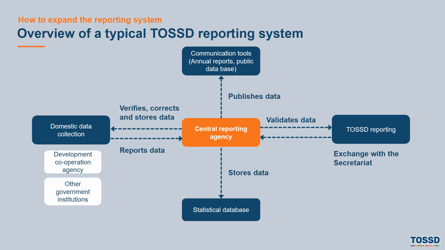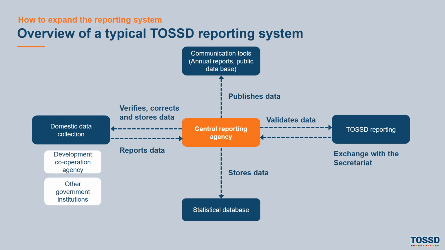Aid agencies and other government institutions report data to the central reporting agency that then would verify, correct, and store data. The central agency also publishes the data by using different communication tools such as annual reports. Moreover, it also stores the data in a statistical database. Finally, it validates data for TOSD reporting and stands in close contact with the Secretariat during this process.